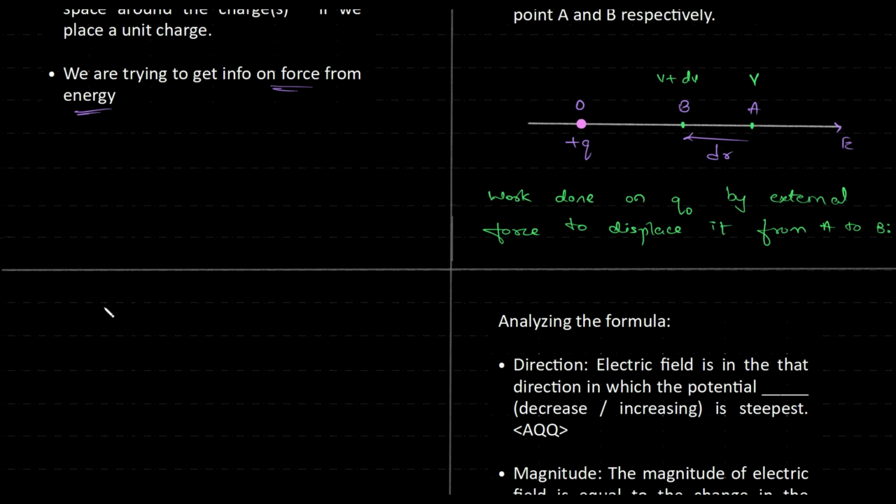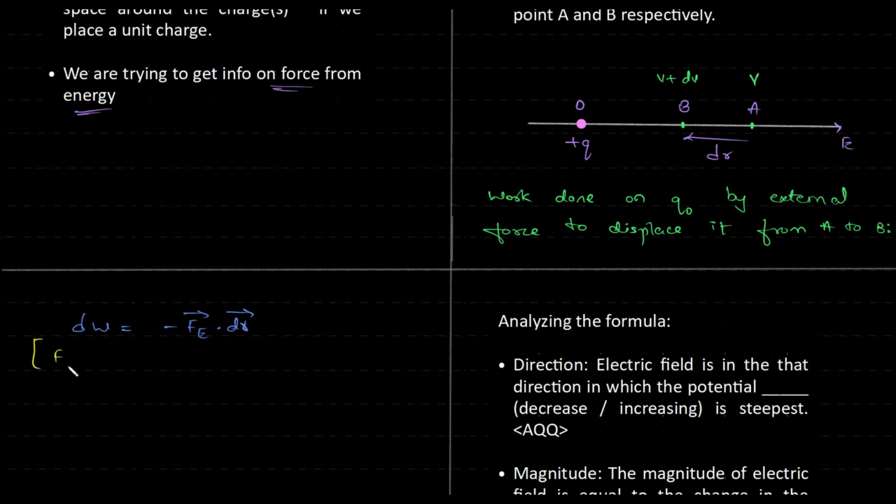It's given by dW equals minus of the force exerted by the field on the charge, dotted with your dr, dot product.